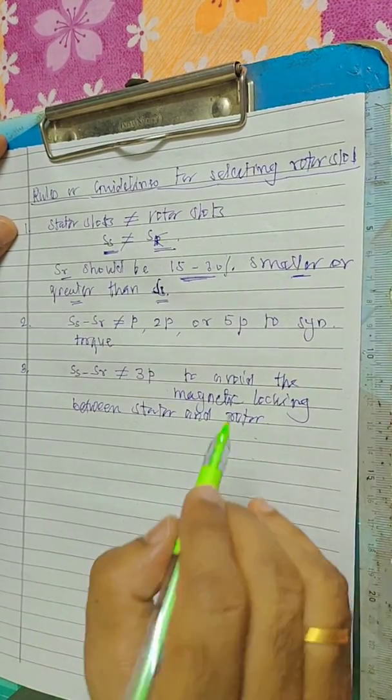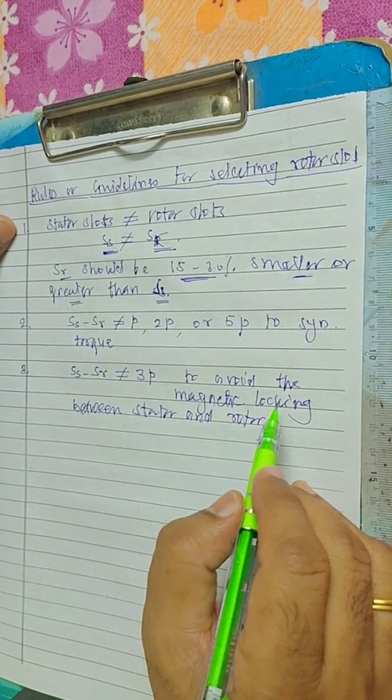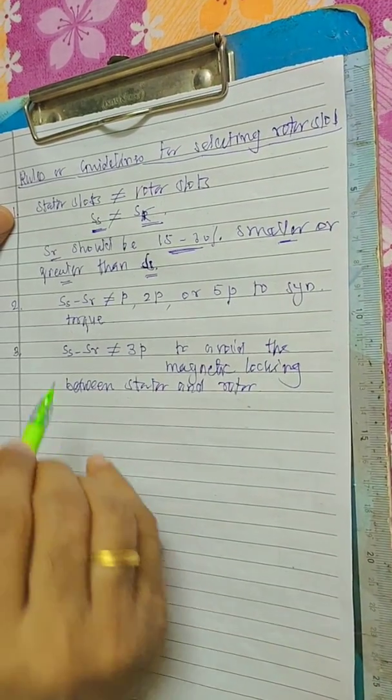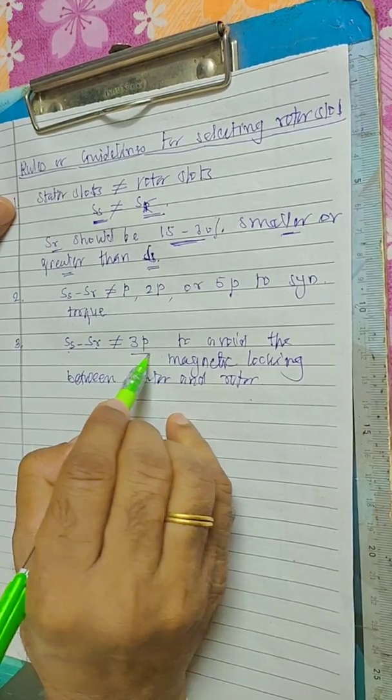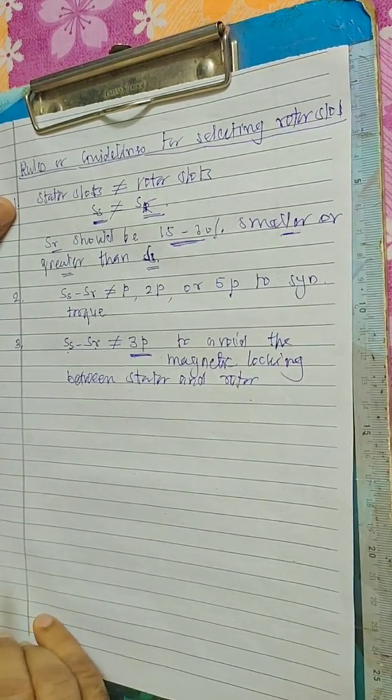If there is magnetic locking, then the rotor refuses to start. So the difference between stator slots and rotor slots should not be equal to 3P.